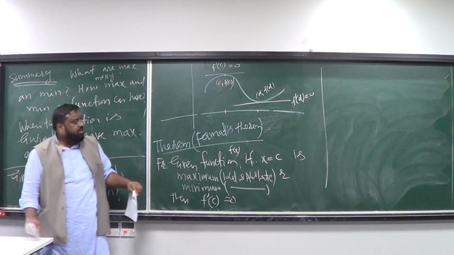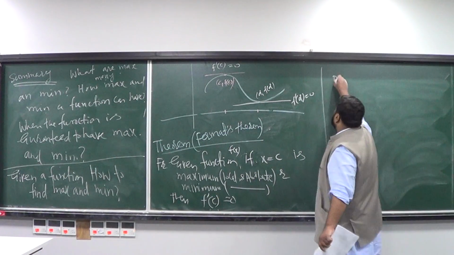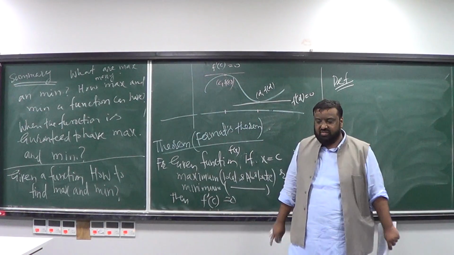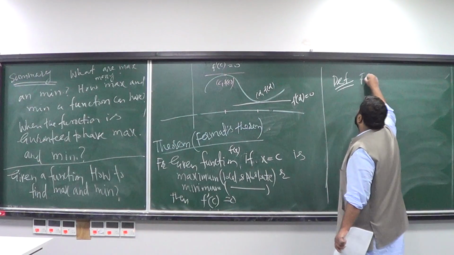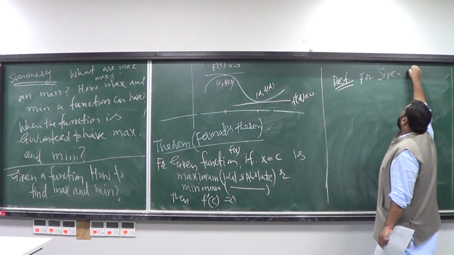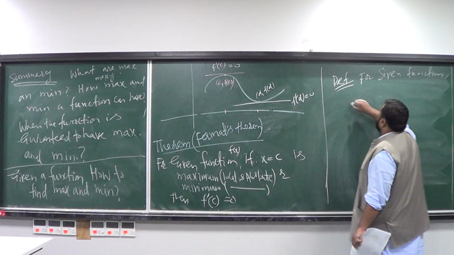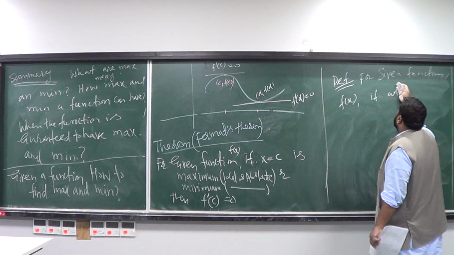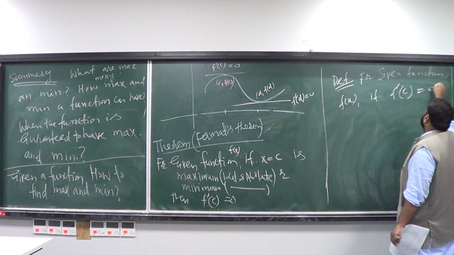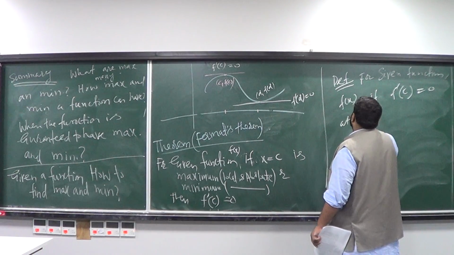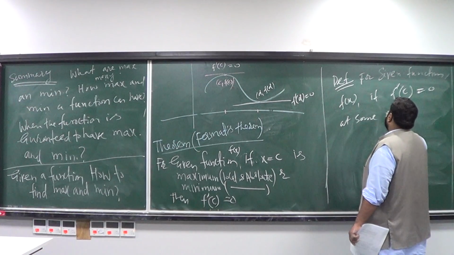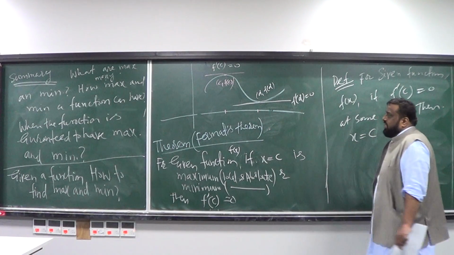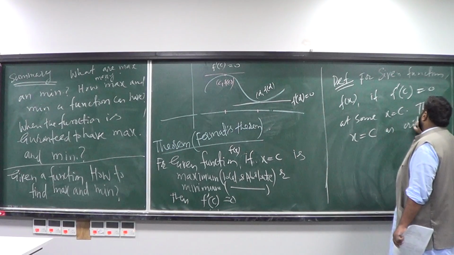Let me put a definition. For a given function f of x, if f prime of c is 0 at some point x equal to c, then you call such a point a critical point.